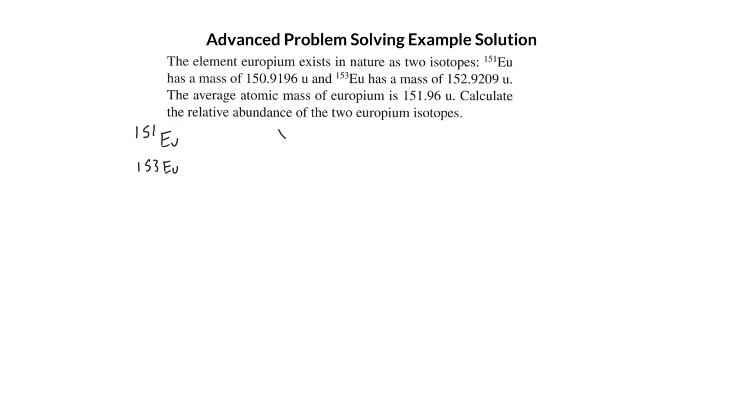We multiply those by the respective masses. 151 has the mass of 150.9196 and 153 of 152.92.